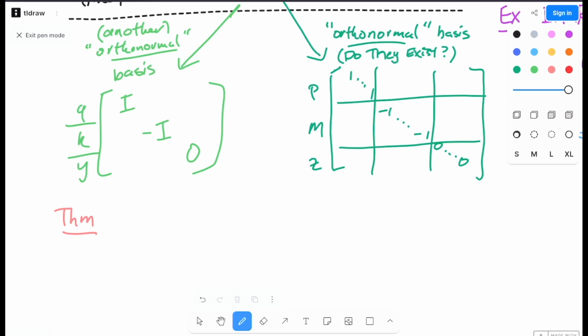So the first is that orthonormal bases, whatever this means, exist. And when I say they exist, I mean for all symmetric bilinear forms.